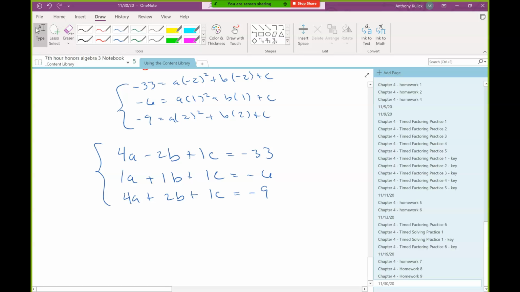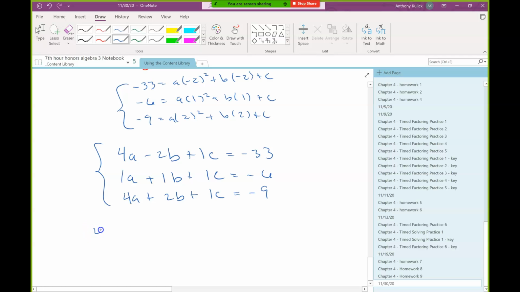Okay. Is everybody okay with what I did there, though? I didn't do much, right? I just simplified some stuff and rearranged the equation, putting the equal sign on the right-hand side instead of the left. Okay.